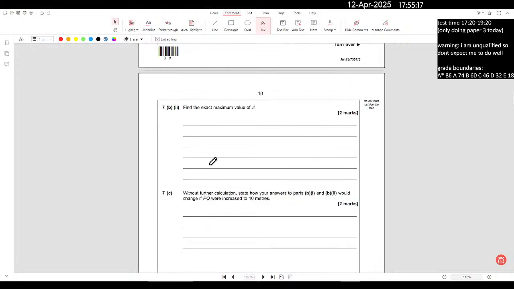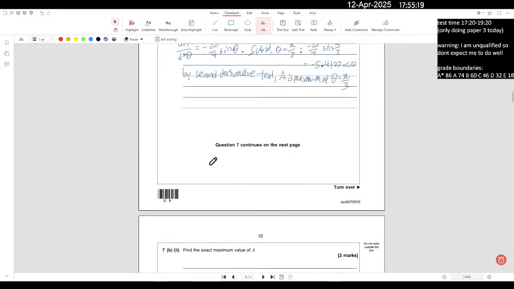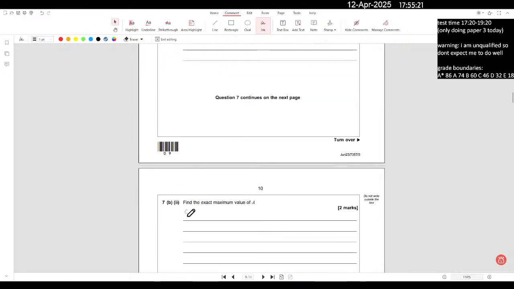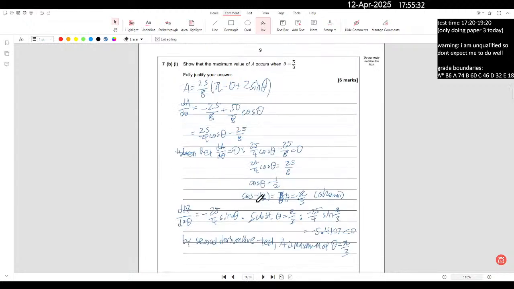Find the exact maximum value of A. Okay, substitute theta equals pi over 3 in A. Two marks for substitution is interesting.